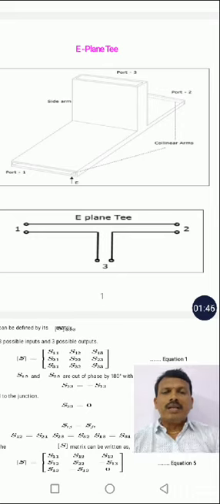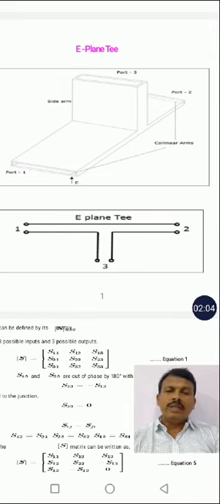Another input can be given to port 3. Then the same power will appear in port 1 and port 2 with equal amplitudes, but with 180 degree opposite phase.